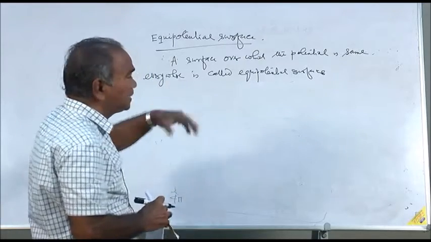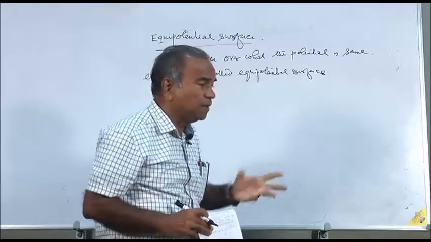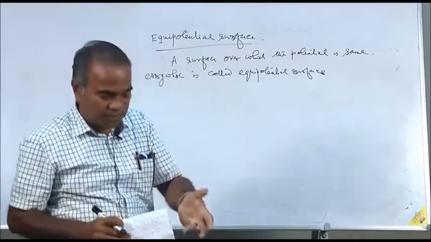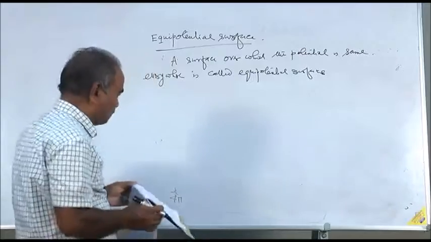That means on the equipotential surface, since everywhere the potential is same, the potential difference between any 2 points is equal to 0. Then the properties of an equipotential surface.